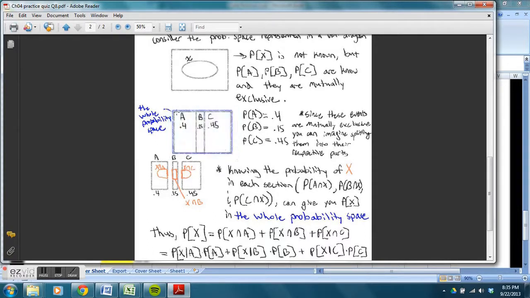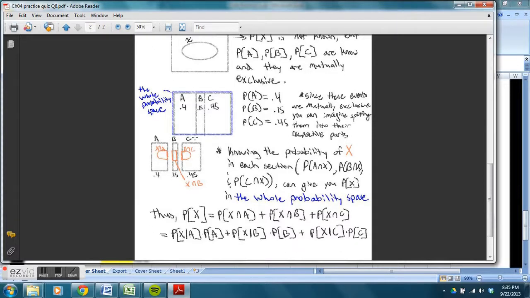And when I say they're mutually exclusive, that means something can only be A, or it can only be B, or it can only be C. There's no overlap between any of these events, and it has to be one of these events. So that's mutually exclusive, and you can imagine dividing the probability space up into these parts.